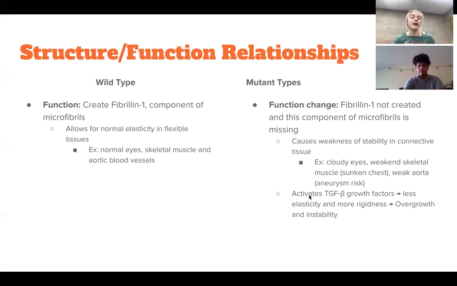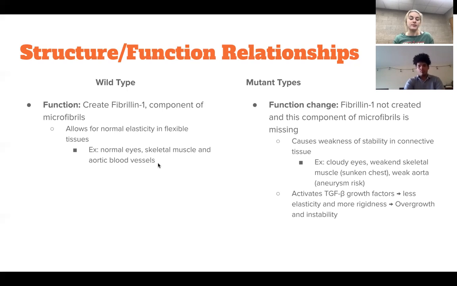So when we don't have this protein, our body tries to compensate by activating the TGF-beta growth factors in our body, which just creates more connective tissue, but it's not as elastic as normal connective tissue is supposed to be. So this leads to less elasticity, more rigidness, or overgrowth and instability. And this is what happens with the aorta as well.